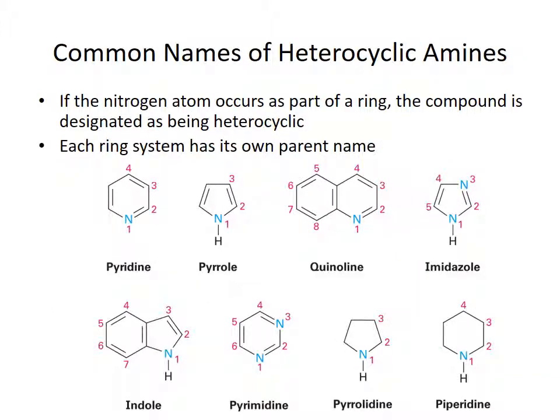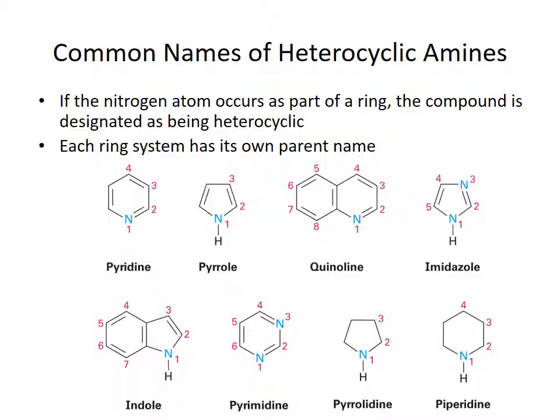These are heterocyclic amines. You can have aromatic amines in which you have a benzene ring attached to a nitrogen, and that's considered an aromatic amine. Or we can have heterocyclic amines in which the amine is inside the ring.